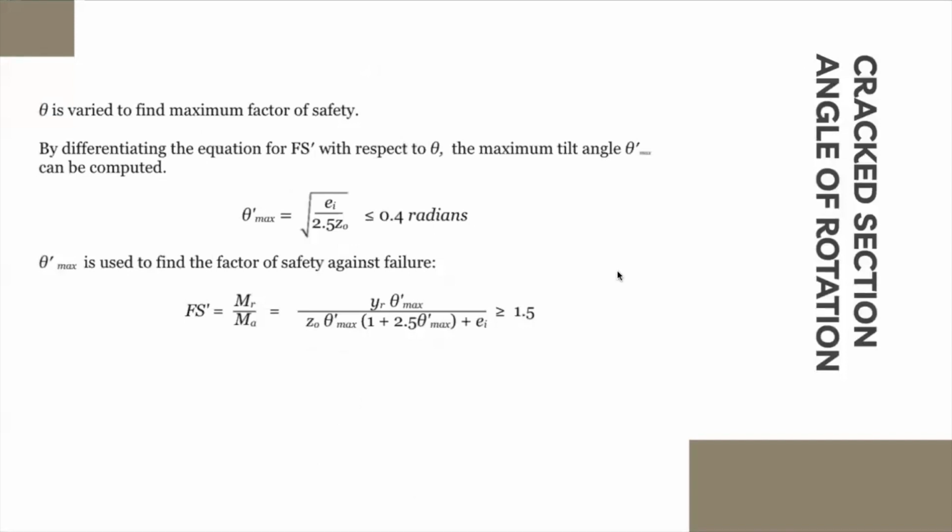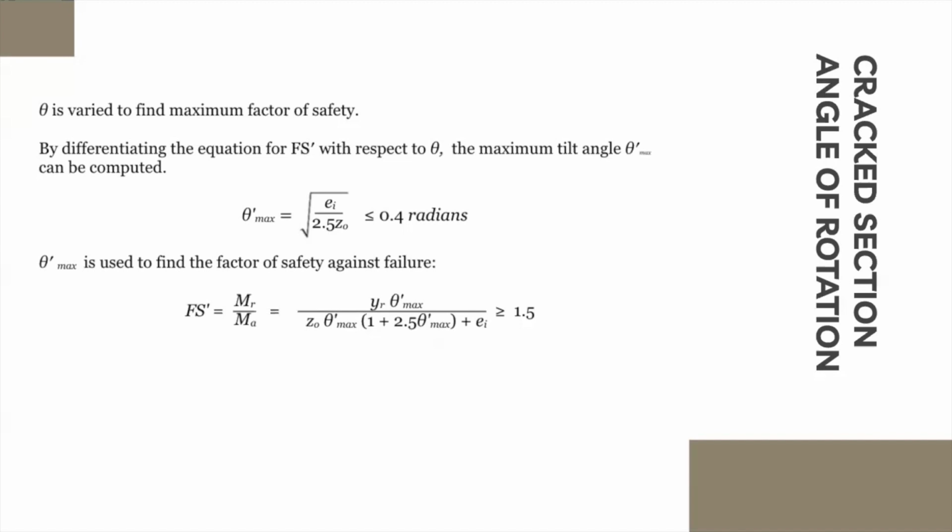Next, we'll talk about the cracked section angle of rotation, also having to do with the factor of safety against failure. First of all, theta is varied to find the maximum factor of safety. By differentiating the equation for the factor of safety against failure with respect to theta, the maximum tilt angle can be computed.